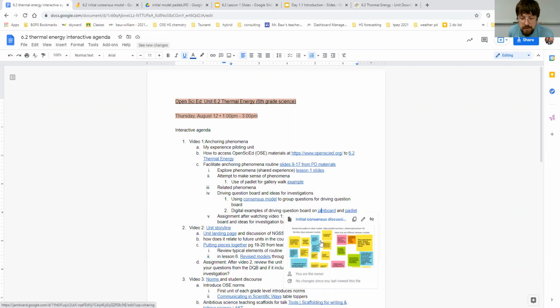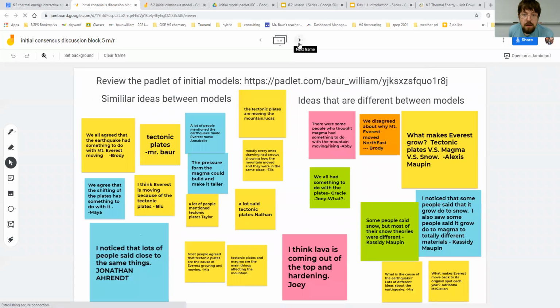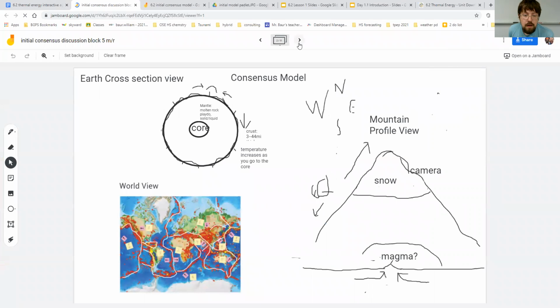I'll share a couple other examples that I used this last year. This was our attempt at an initial consensus model for this Mount Everest unit. I drew this while we were all on Zoom together, and the students were giving me ideas of what to draw and what to put on there.